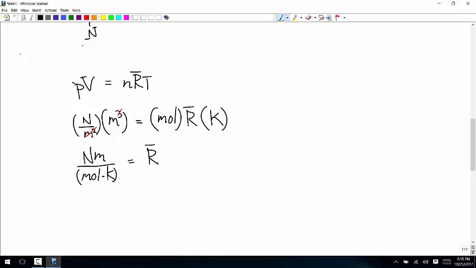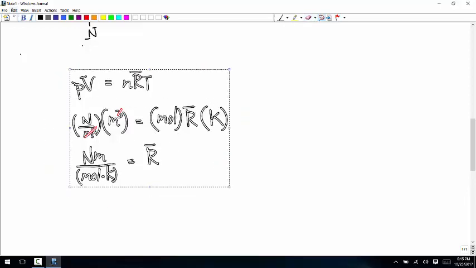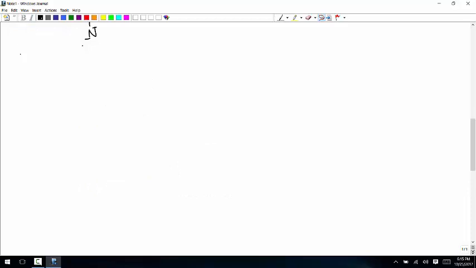So you can always manipulate any equation like that to figure out the units of anything you want. So what I was saying before was, if you know this equation, force of friction is equal to the coefficient times the normal force, that says newtons is equal to this coefficient times newtons.